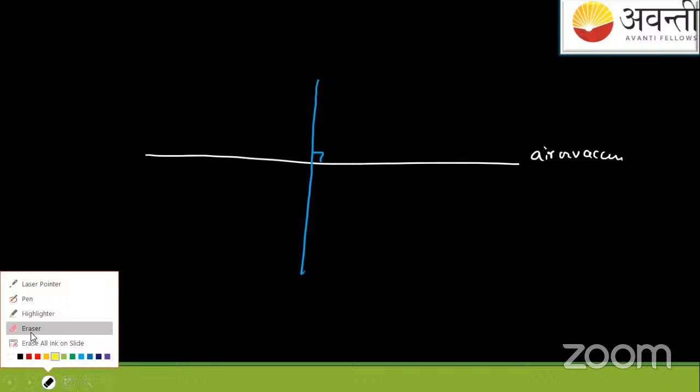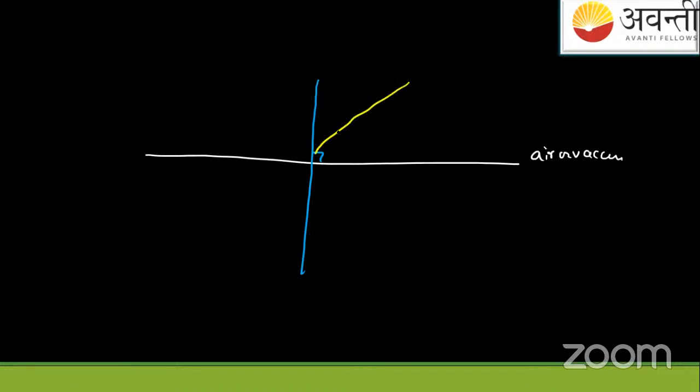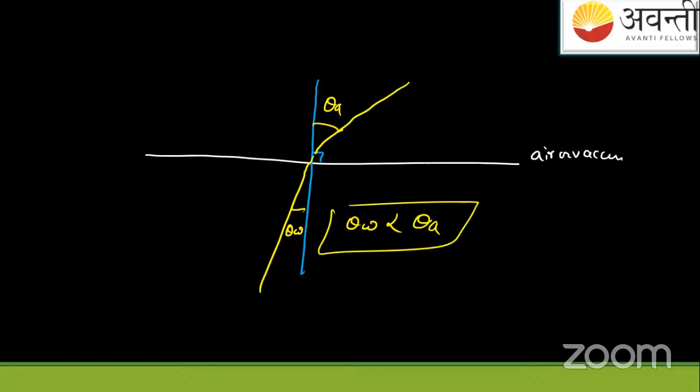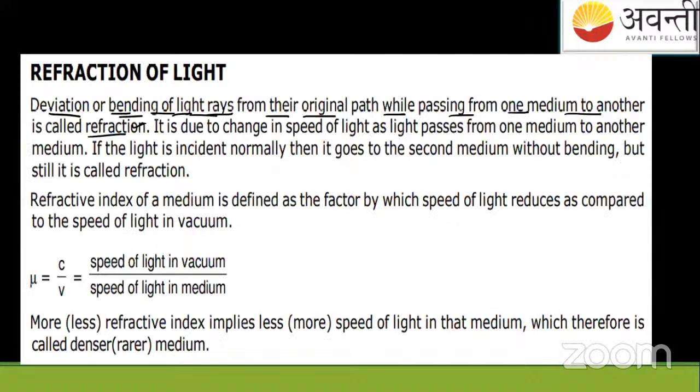If the light ray enters in another direction from a rarer medium, theta of air, and enters into the denser medium, it will bend towards the normal. So now theta W will be less than theta A. This is water. And remember, this is due to a property known as refractive index.